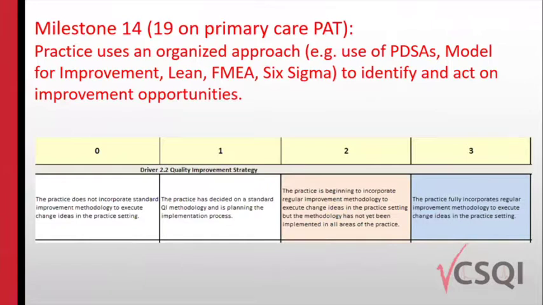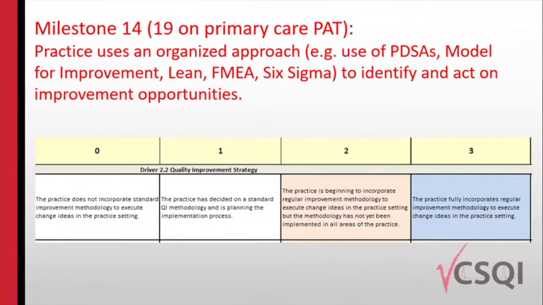All right, thank you, Debbie. So for this milestone 14, I've noticed that many practices score themselves low, a 0 or a 1 to start when they complete the baseline assessment. And I think it's that word organized that throws them off.